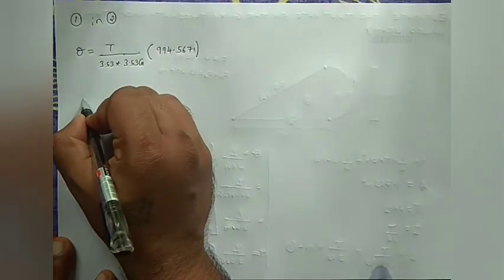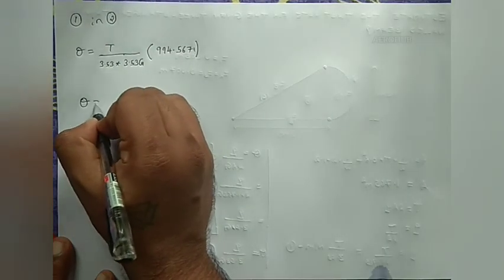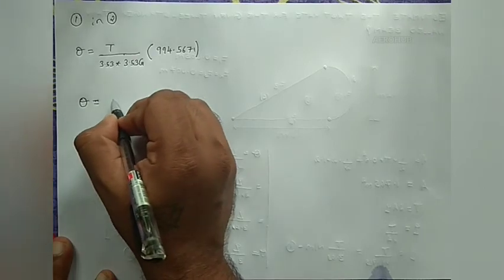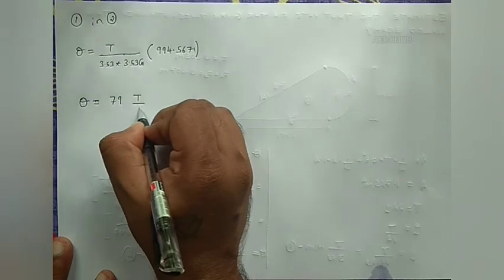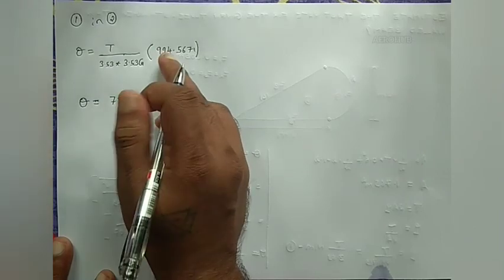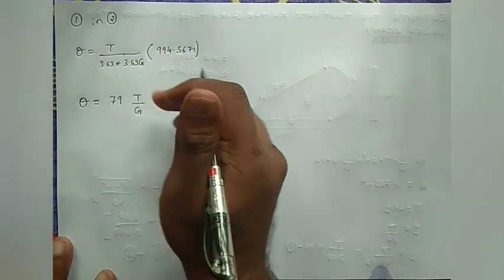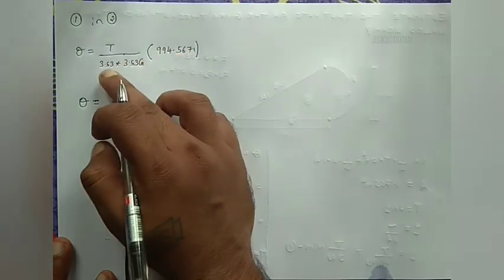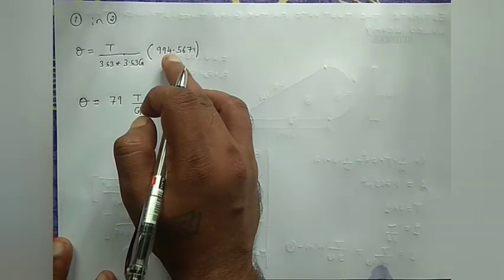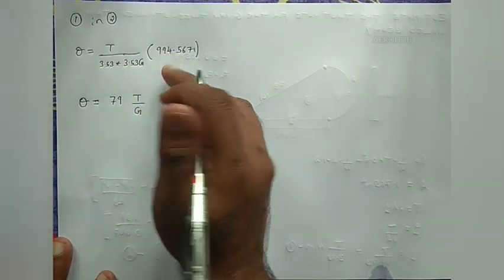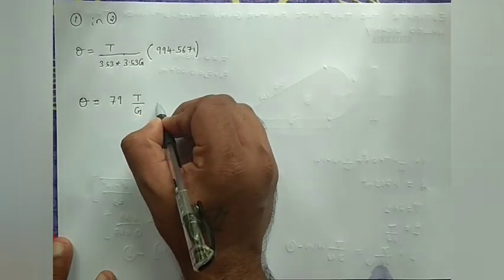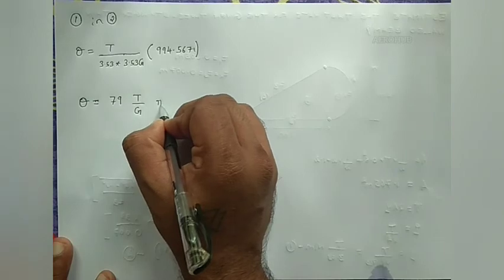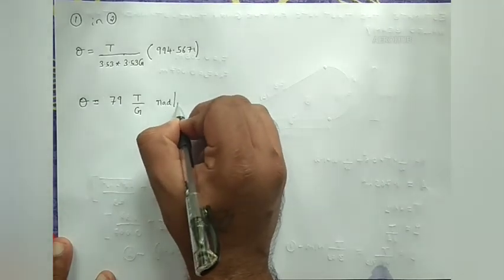Now you have to do the calculation, and finally I will be getting 79 into T by G. Just divide 994 by 3.53 square, and you will get 79 into T by G, and the unit of theta is radians per meter.